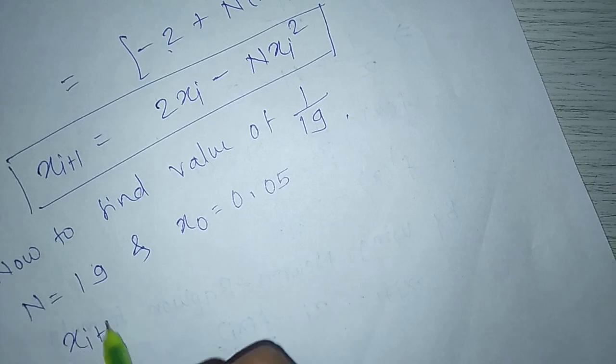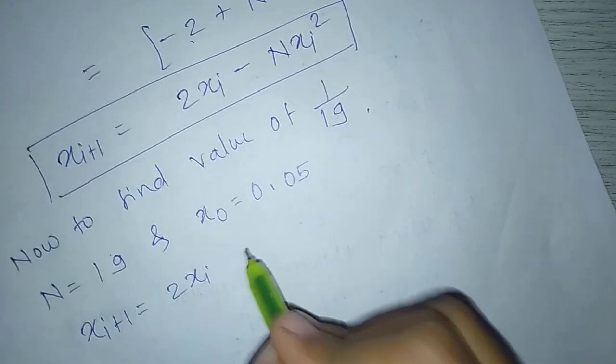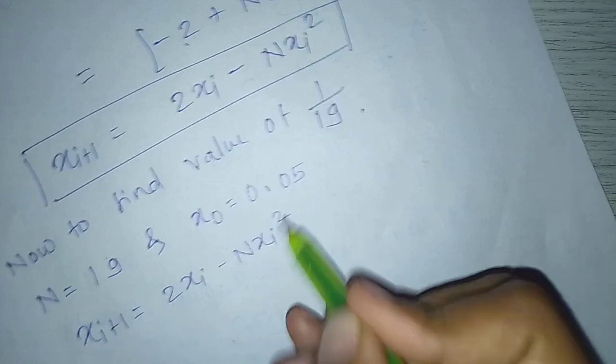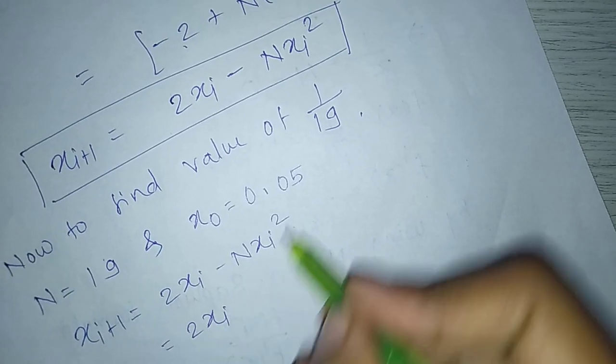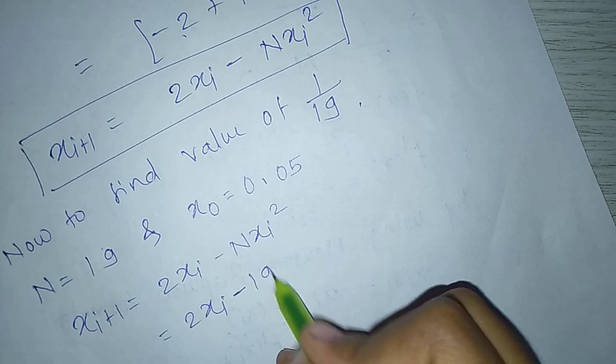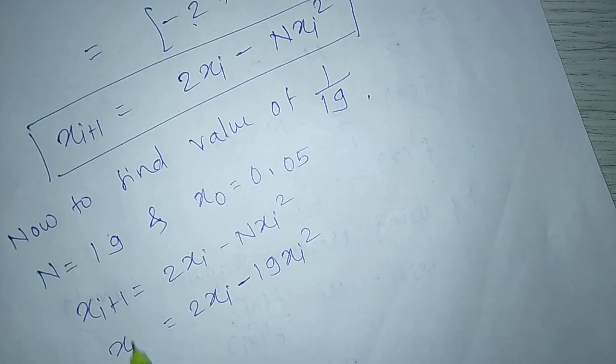So x(i+1) equal to 2xi minus 19 xi square.